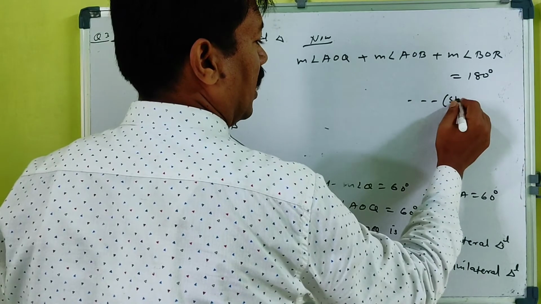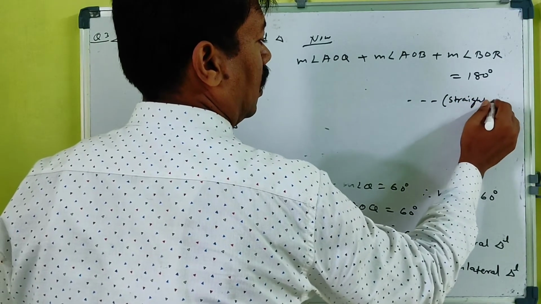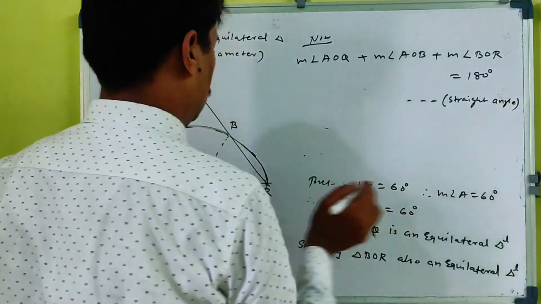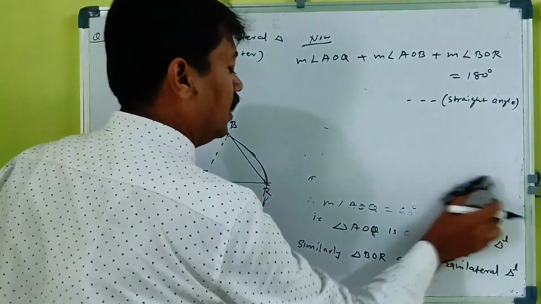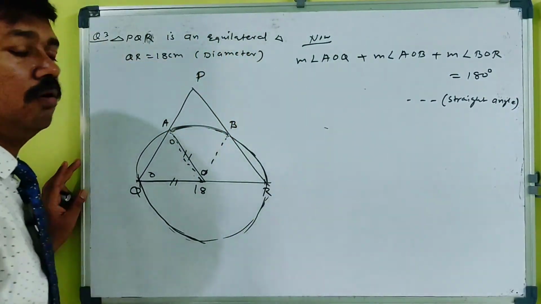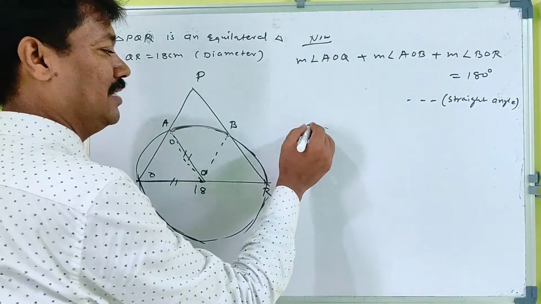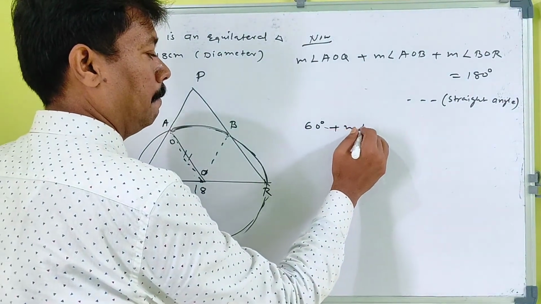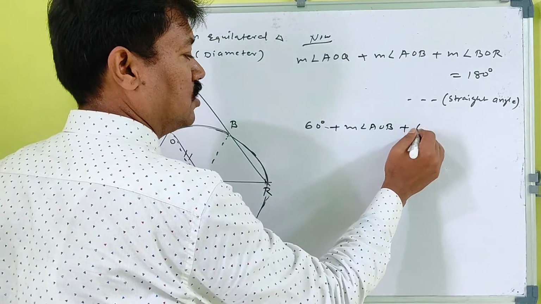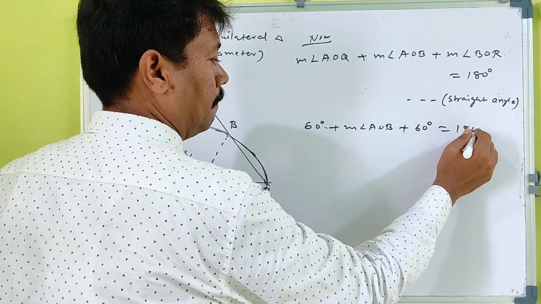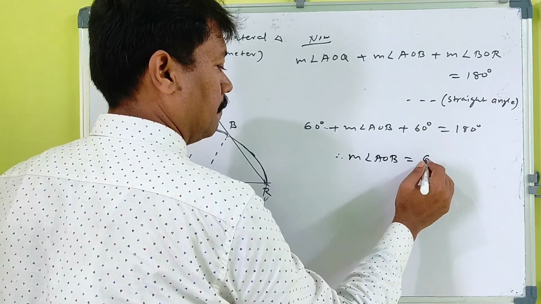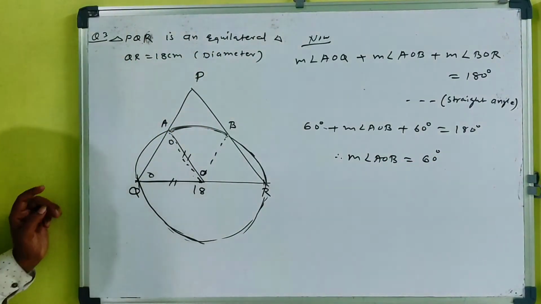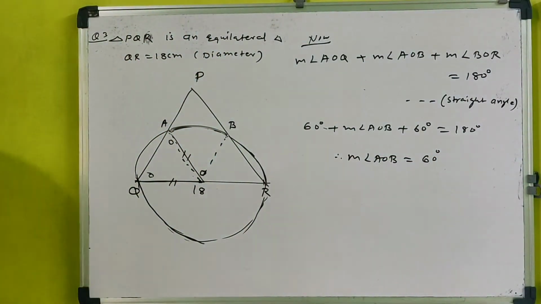Because it is straight angle. सबको अगर हमने ऐड किया तो सबको तीनों को ऐड करने के बाद वो स्ट्रेट एंगल बनने वाला है. Now out of this, the two are already known to you. That is, it is 60. This also 60. Therefore, measure angle AOB is how much? 60 degree.